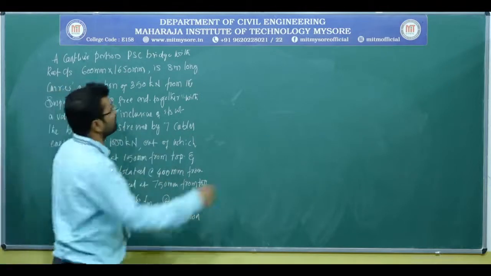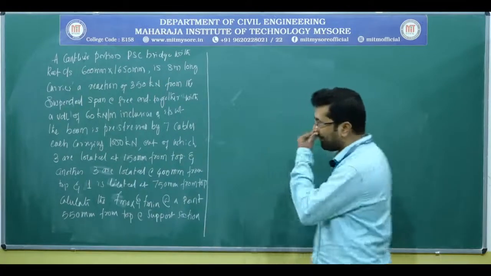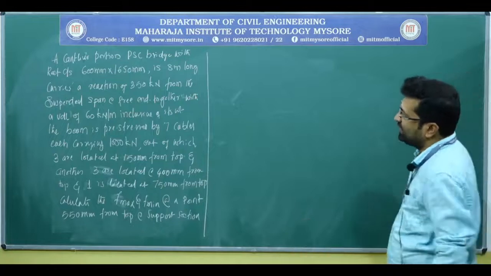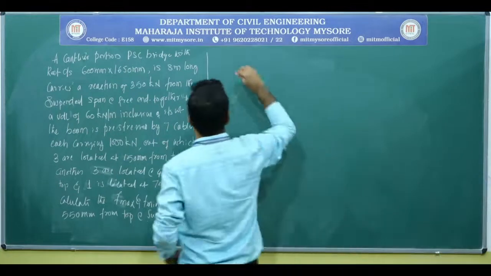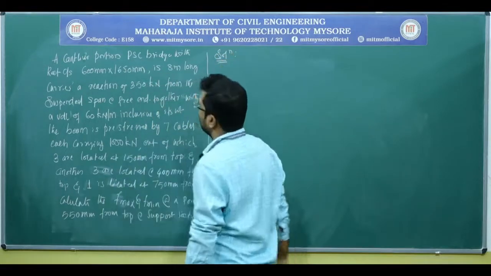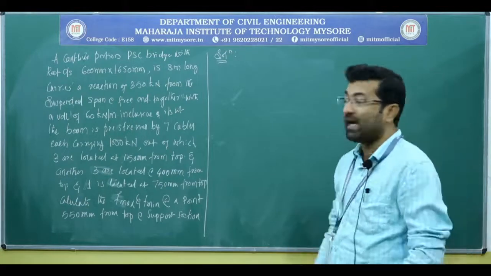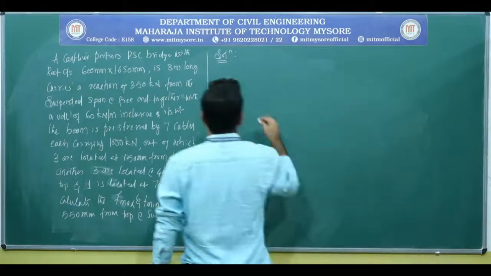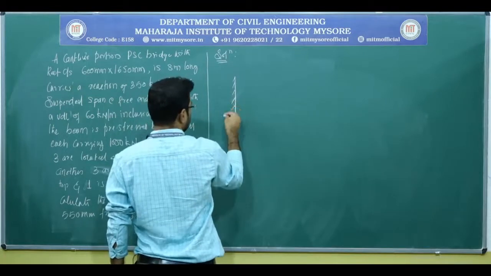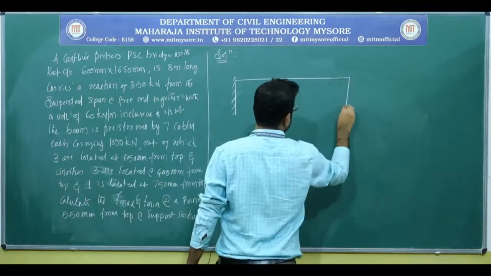The problem is a little bit complicated to understand. Anyway, let us formulate it in the diagram so that we can understand it. So let me go through the problem solution. Here you can see we have a cantilever beam of span 8 meter. One end is fixed and another end is free.